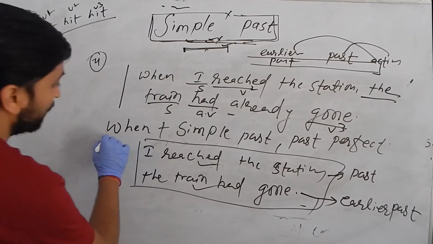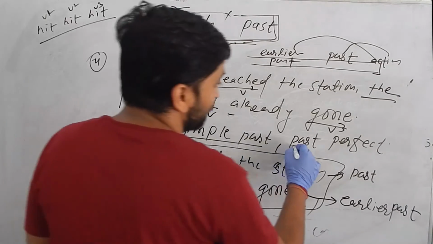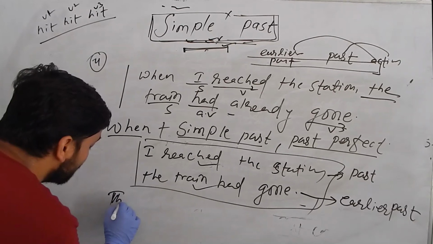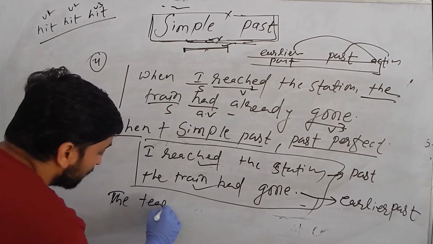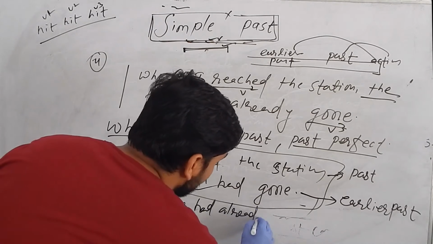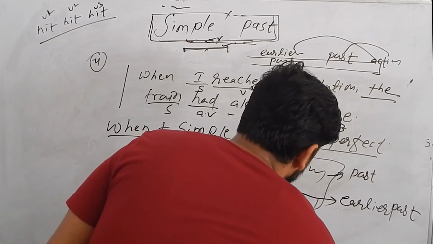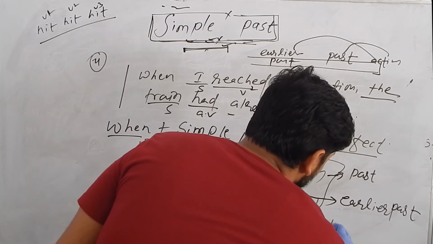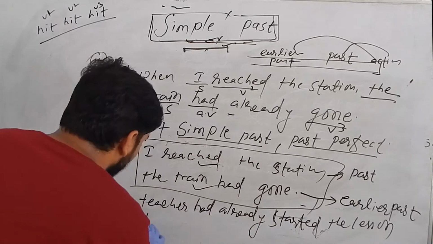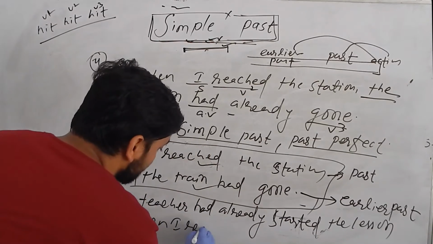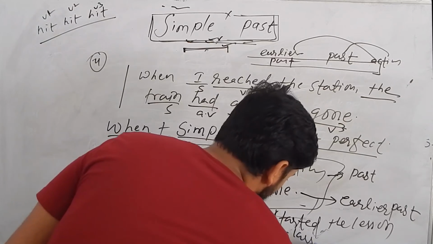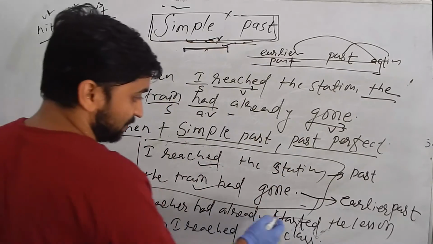So you can say when plus simple past plus past perfect. We can write another example too. The teacher had already started the lesson when I reached the class. So here it is connected with when.